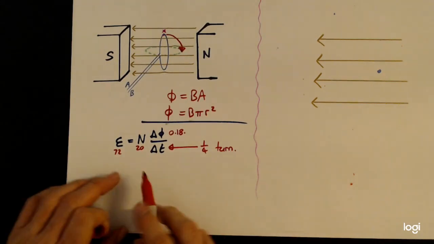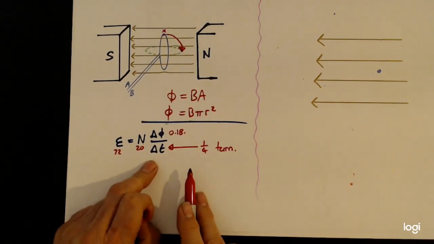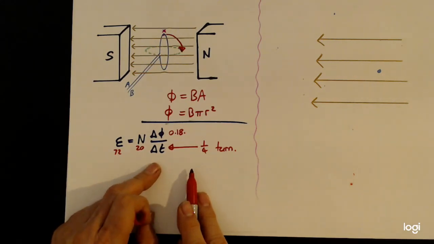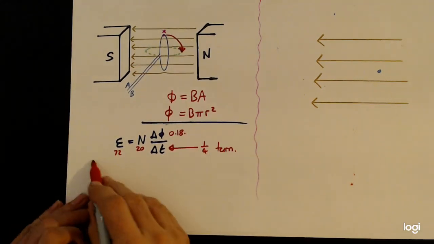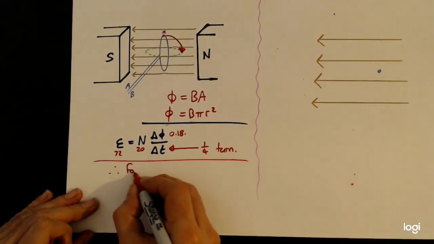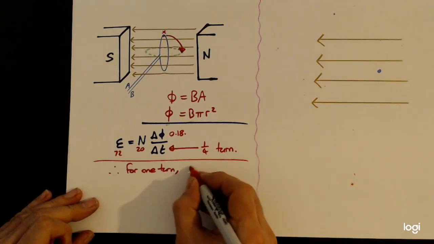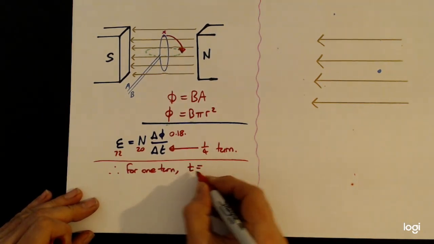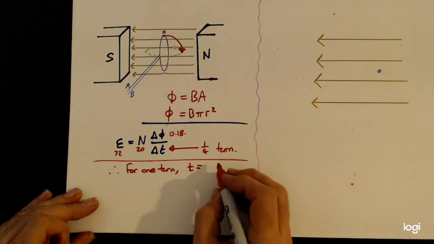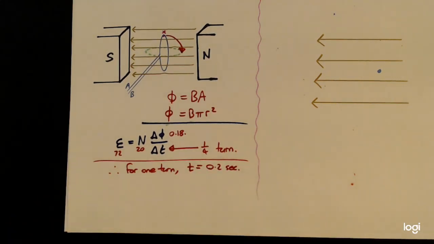So you solve this to find delta T, and it turns out to be 0.05 seconds. Therefore, for a whole turn, the time is 4 times 0.05 seconds, which is 0.2 seconds. So that's how long it takes to go around once.